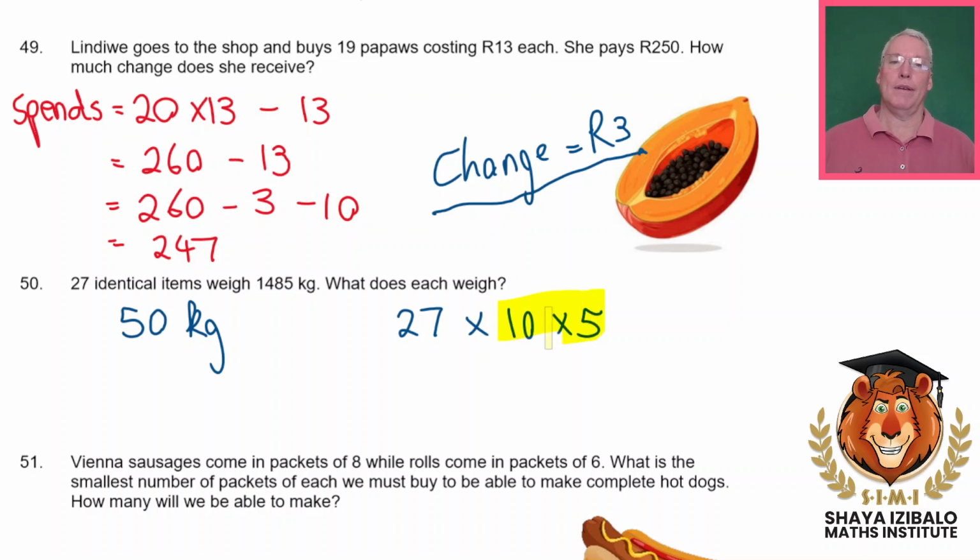Now 27 times 5 is not too bad because it's just 20 lots of 5, which is 100, and 7 lots of 5, which is 35. So it's 135, and then times the 10, 1350. We're going to get 1350 here.